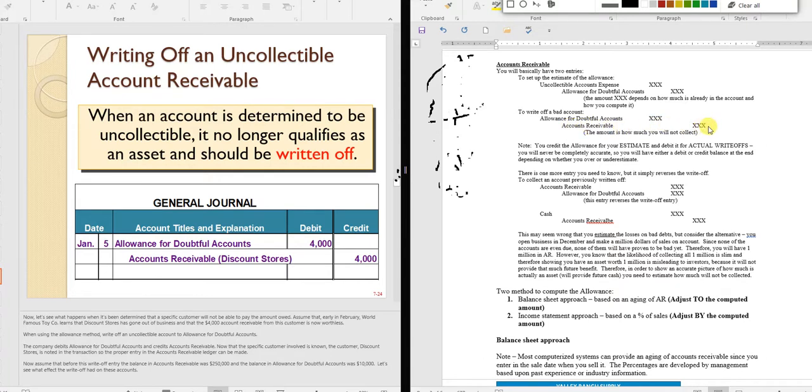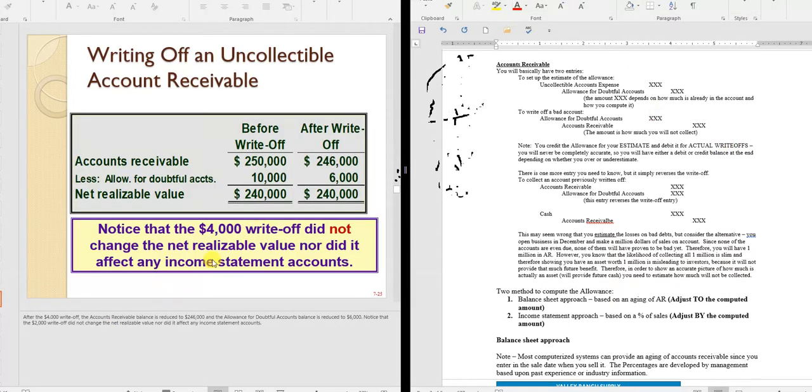We get rid of it out of accounts receivable because it's no longer an asset. However, the business itself sends it down to the credit department, and the credit department starts working on it and trying to collect it. So this account is not forgotten about. It's just no longer an asset. And an asset means a current or future benefit. And if you're not going to collect on it, it's no longer an asset.